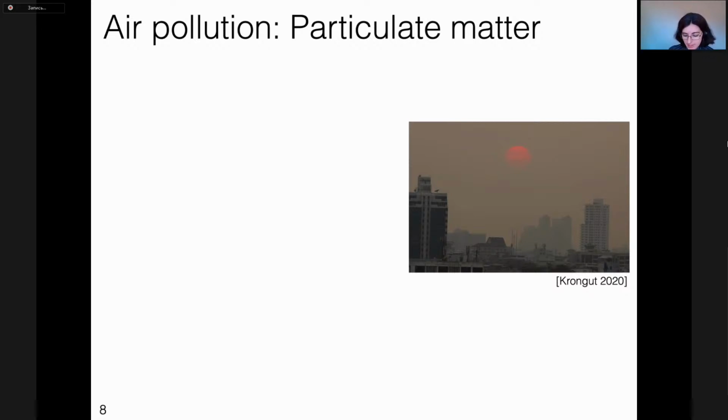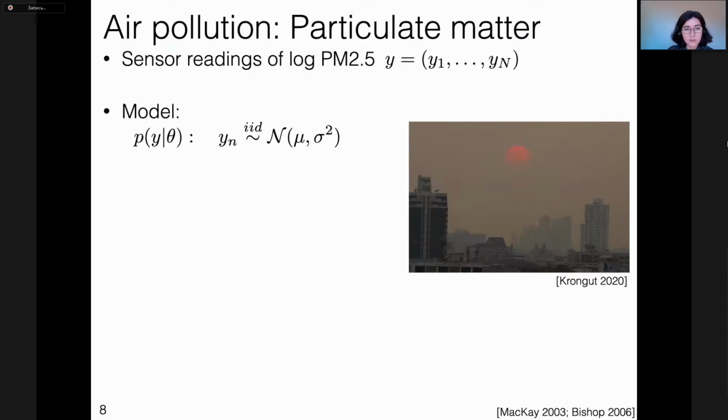Okay, so particulate matter is actually a super important and relevant application area, even if the example we're going to look at is pretty simplistic. Here we're going to be looking at so-called PM 2.5. This is a big deal in terms of air pollution, and has been for a while.